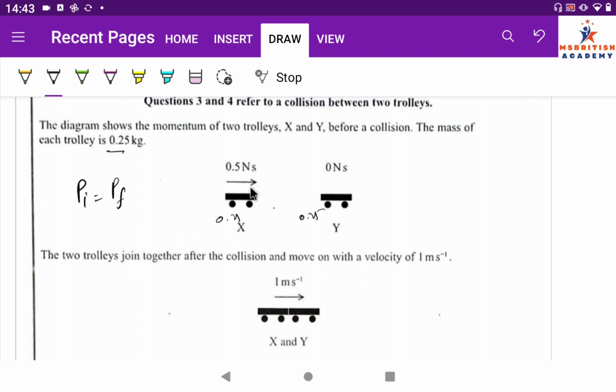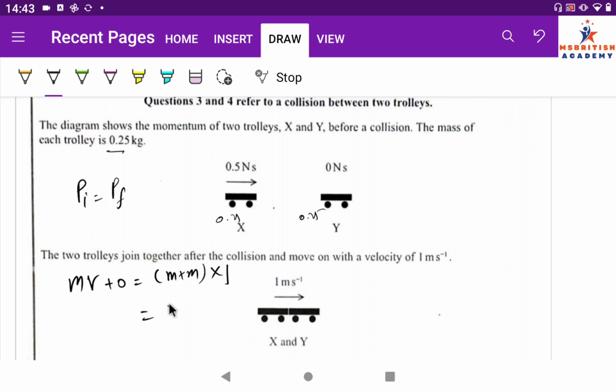So before the collision the momentum will be mass into velocity, and this one is 0 because its velocity is 0, and after the collision the mass is m plus m, same masses, and the velocity is 1.